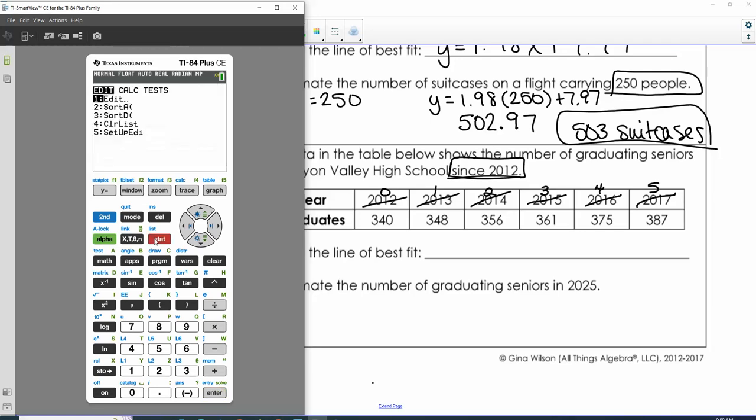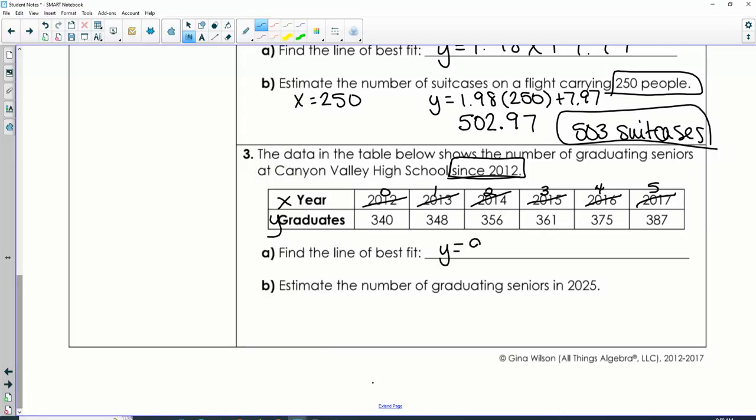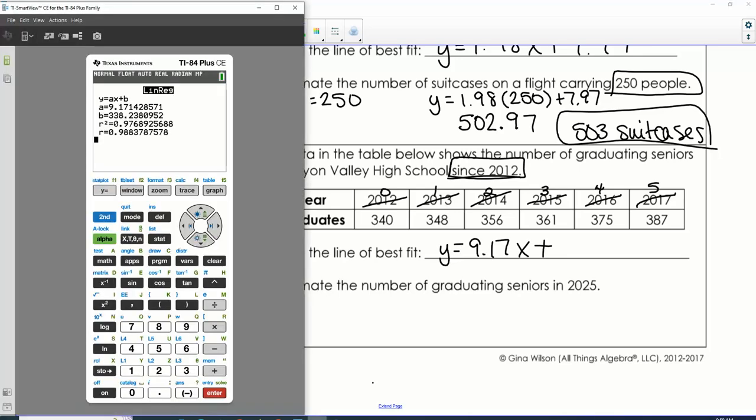Now if I look at my equation, does that give us better numbers anyway? My B is now in the hundreds instead of the thousands, so I think that's a lot better. So my equation, Y equals A, so 9.17, plus B, 338.24.